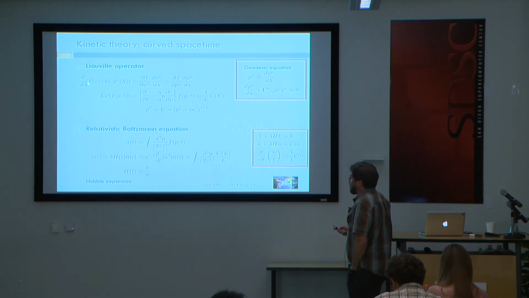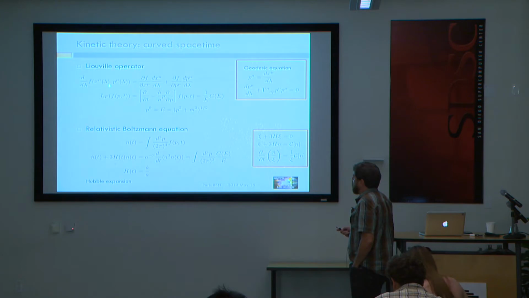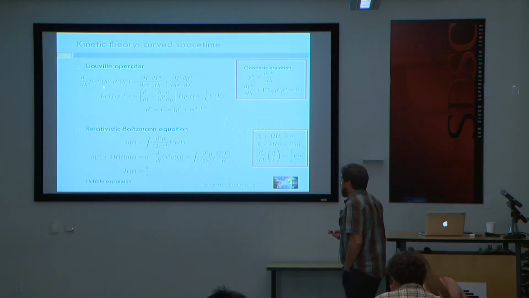So if you imagine taking the derivative with respect to an affine parameter lambda of the distribution function, which can depend on the 4 position and the 4 momentum of the particle, then you're just going to use chain rule. It turns out that what you end up with is something I've defined here as the Liouville operator.